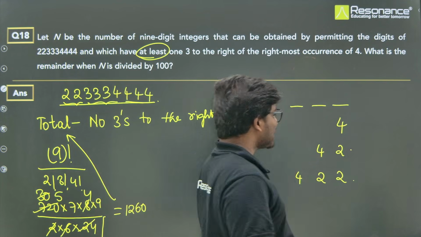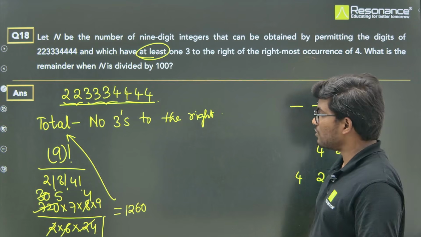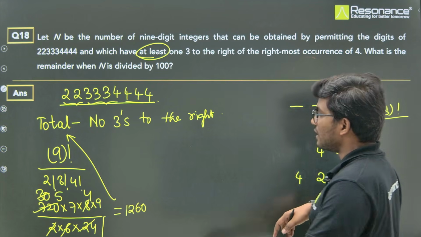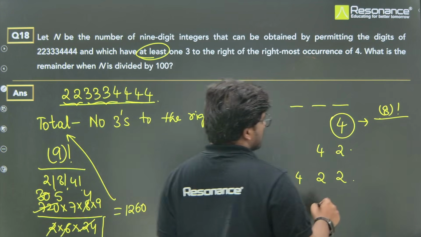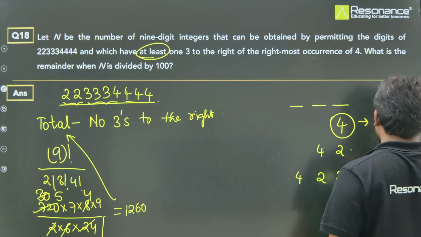So in this case, 4 being here, how many other numbers do we have? 8 factorial by arranging 3, 3, 2: 2 factorial into 3 factorial into 3 factorial.